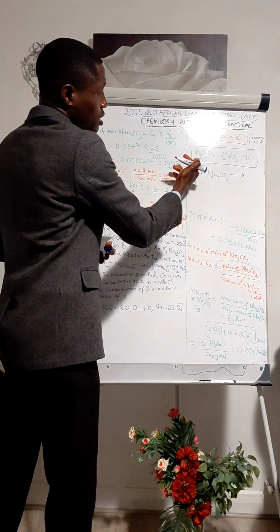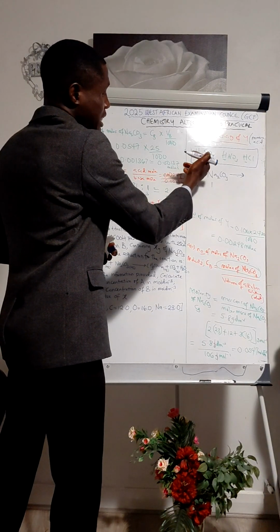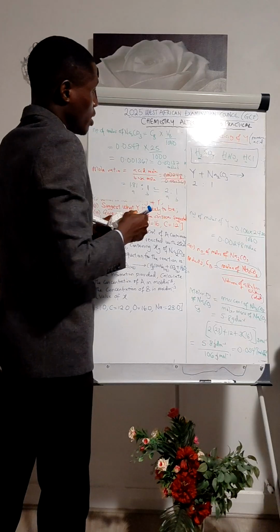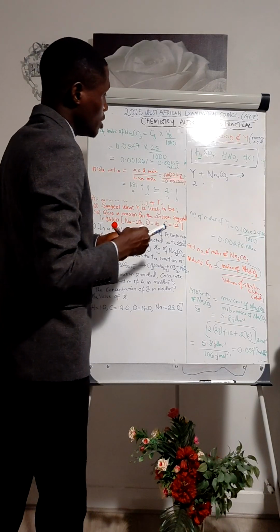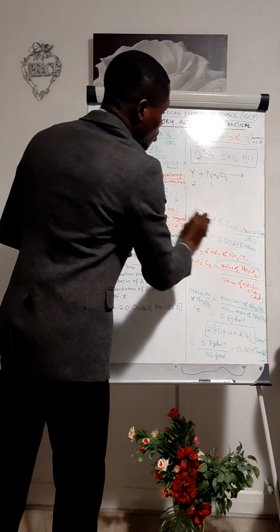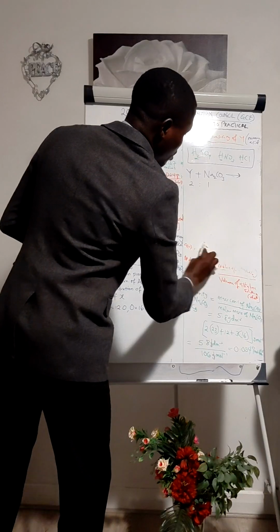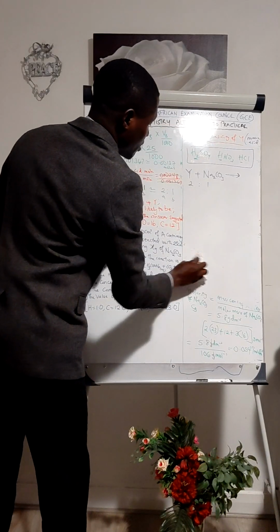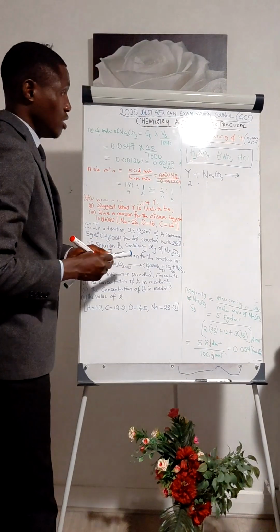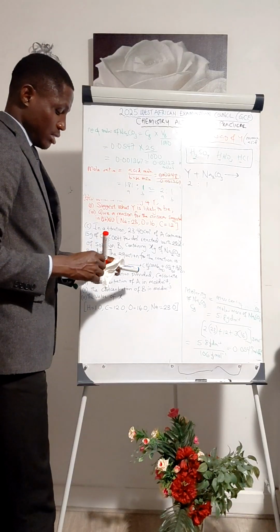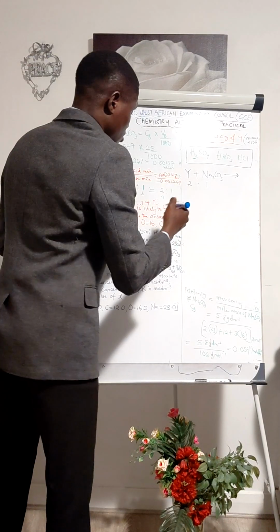If you put H2SO4, it can never be in 2 ratio 1. Why? Because it only requires 1 mole of H2SO4 to react with sodium trioxocarbonate(IV), if you write the balanced reaction. Let's write it out.